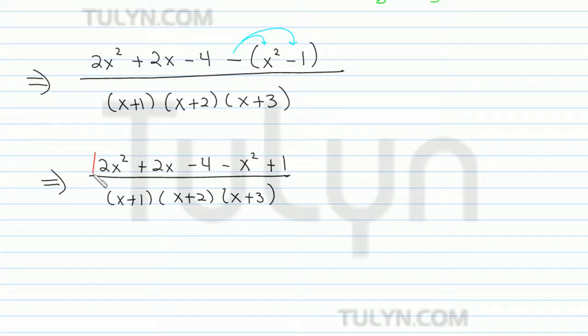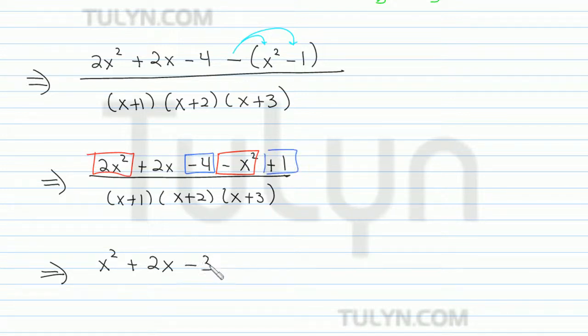Combining like terms, we have a 2x squared and a minus x squared, which gives us positive x squared. Then we have a 2x by itself. And then a negative 4 and a positive 1, which gives us negative 3 in the numerator. In the denominator, we leave this as is.